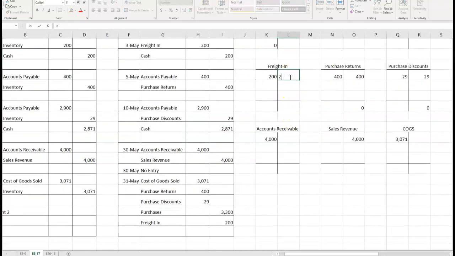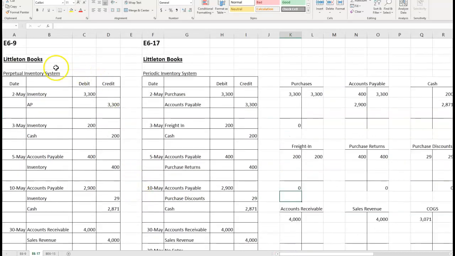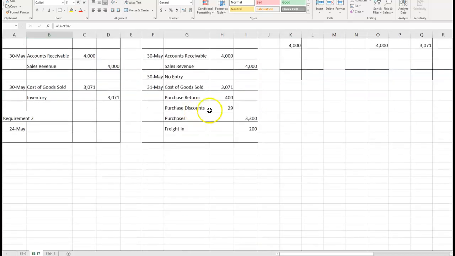Freight in, credit 200. That makes this account 0 as well. So the difference between a perpetual and a periodic is the periodic doesn't use inventory at all. In a periodic system, you just need to find another account. You do not use inventory until the closing entry at the end of the month. This is the closing entry.